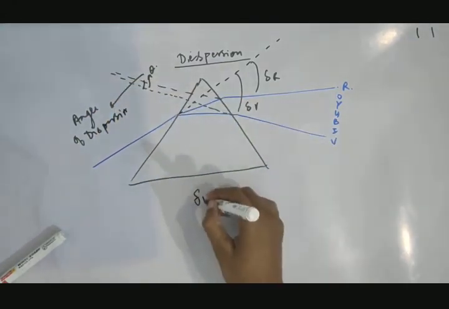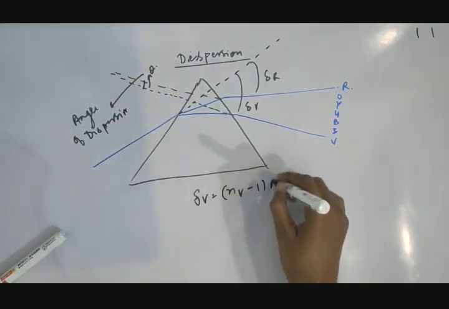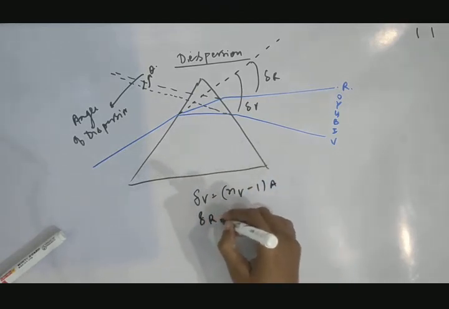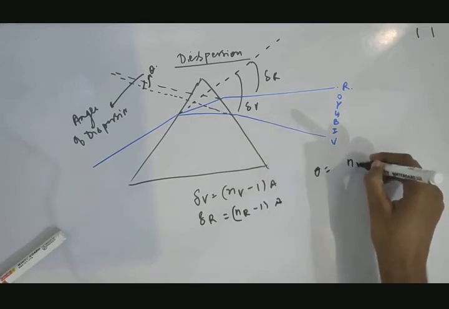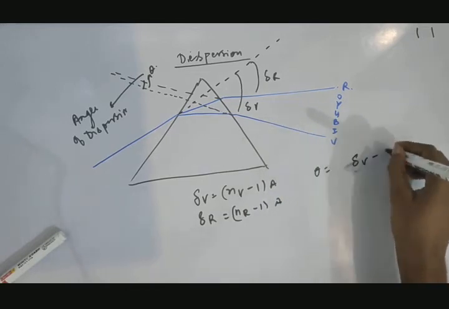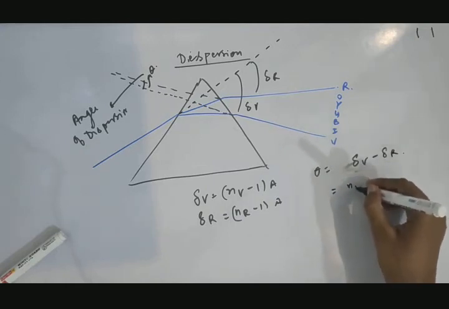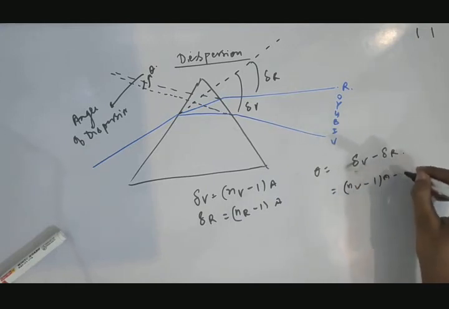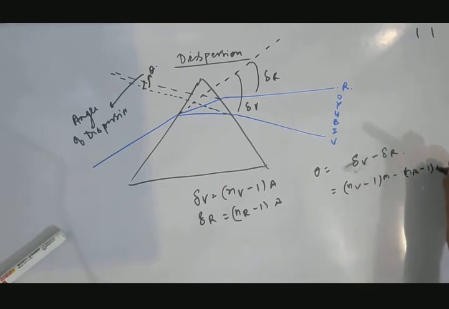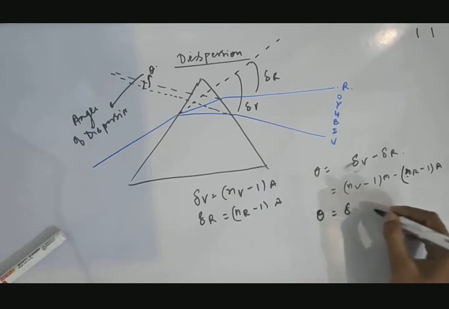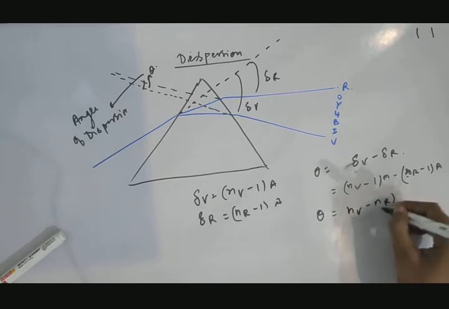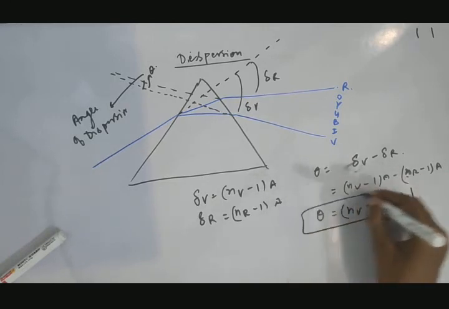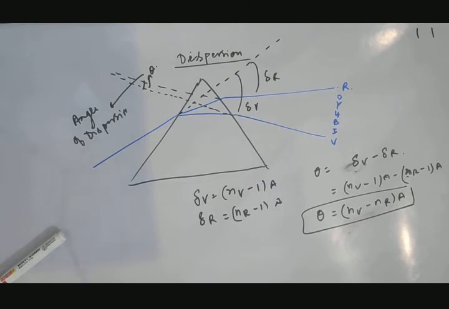We know deviation of the violet equals (nb minus 1) into A, and delta r equals (nr minus 1) into A, and theta equals deviation by violet minus deviation by red, equal to (nb minus 1)A minus (nr minus 1)A. After solving we find angle of dispersion equals (nb minus nr) into A.